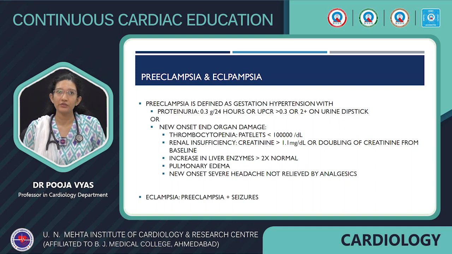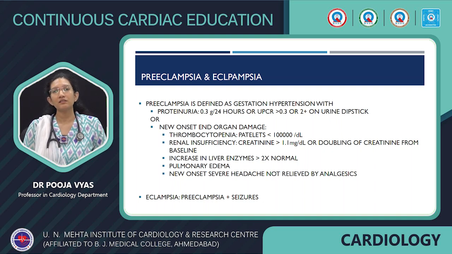And to diagnose new onset end organ damage, there should be thrombocytopenia with platelets less than 1 lakh per deciliter, and renal insufficiency, with creatinine of more than 1.1 milligram per deciliter or doubling of the creatinine from baseline.